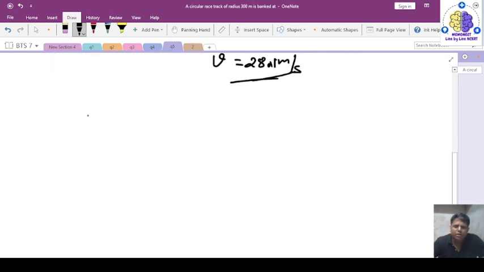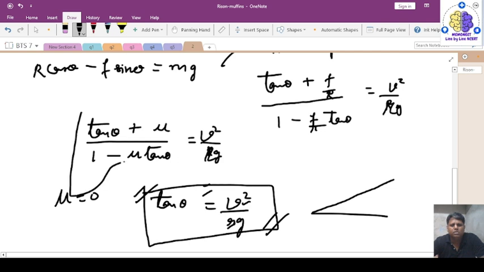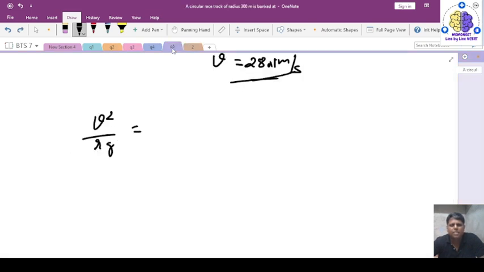For that, we will use the formula v square upon rg is equal to (mu plus tan theta) upon 1 minus mu tan theta, right?